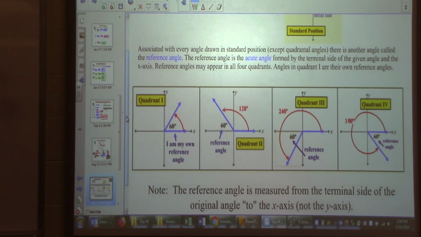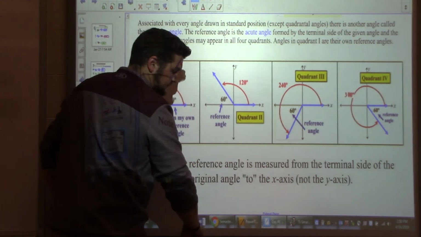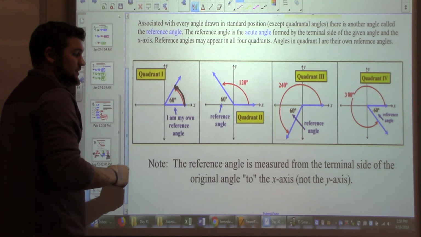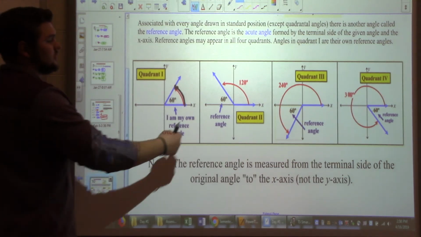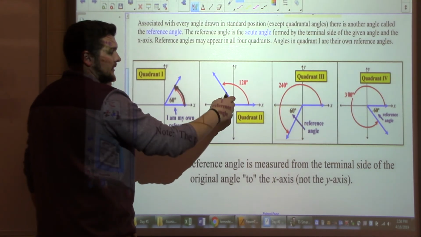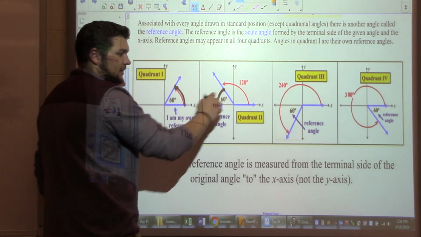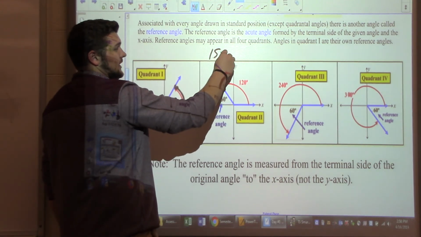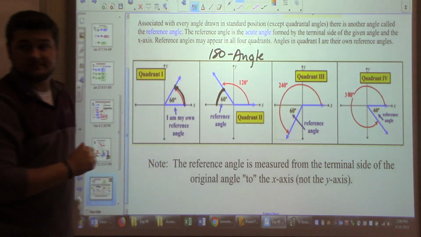Okay? Now, if our terminal side is in quadrant 1, my reference angle will be going from there back to where it came from. So it would just be that angle that I was given. The positive part of the angle, I should say. If my terminal side lands in quadrant 2, my reference angle is from that terminal side to this x-axis. That's the nearest one. So to find that reference angle, I would take 180 minus my angle. A little shortcut.